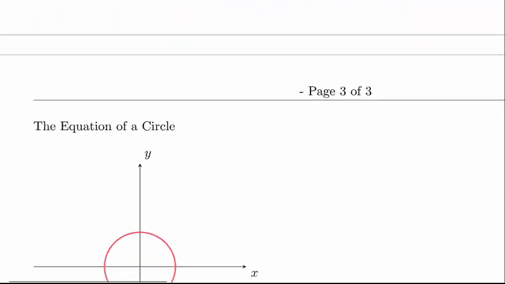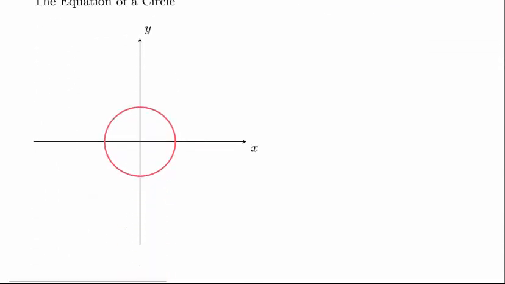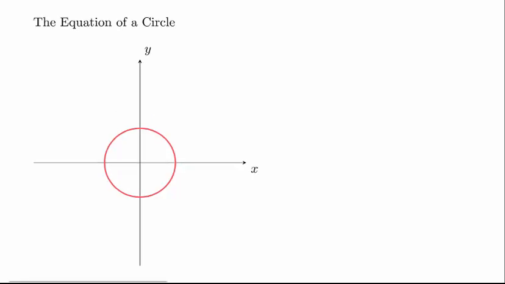Alright, so let's get to this. The equation of a circle. Here we've got a circle that is centered at the origin. And so we want to come up with an equation of the circle. Before we go any further, let's come up with, in words, a definition of a circle.